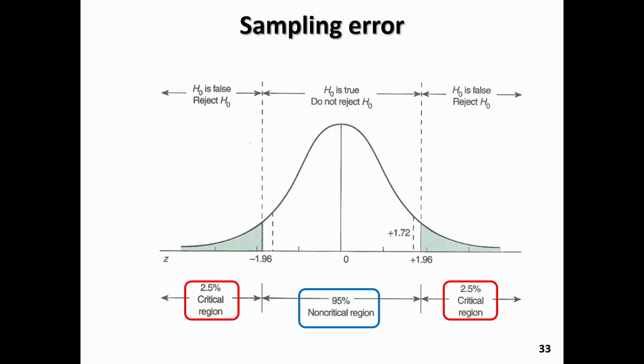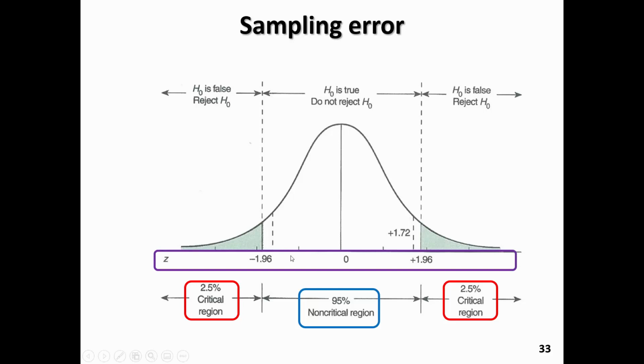And so if we are going to conclude that there's going to be a difference, we're willing to risk that our statement is wrong 5% of the time, which is to state that we have 95% confidence in our statement if we reject the null hypothesis.